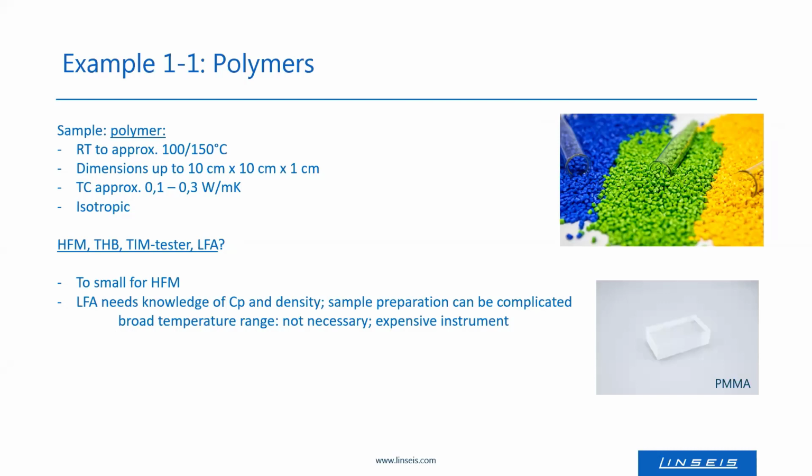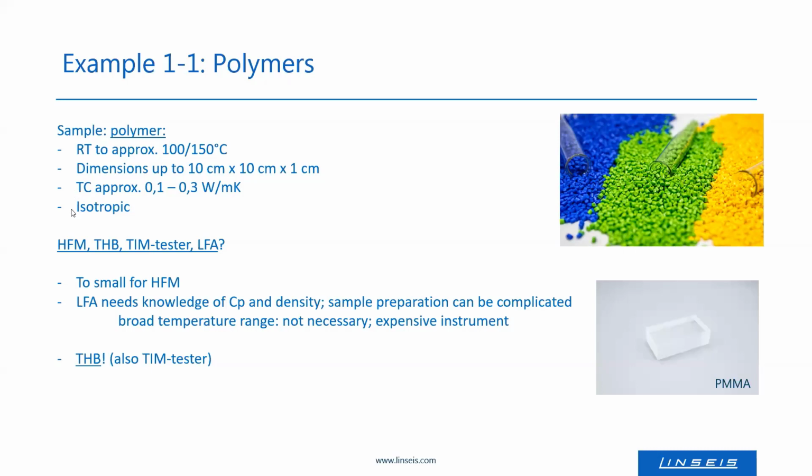So you can run the analysis on a laser flash analyzer, but perhaps, or certainly, there is an easier method to do it. And the easier method is the so-called THB. The Transient Hot Bridge has an easy sample preparation, covers the temperature range and the thermal conductivity range. Sample is big enough for the Transient Hot Bridge.